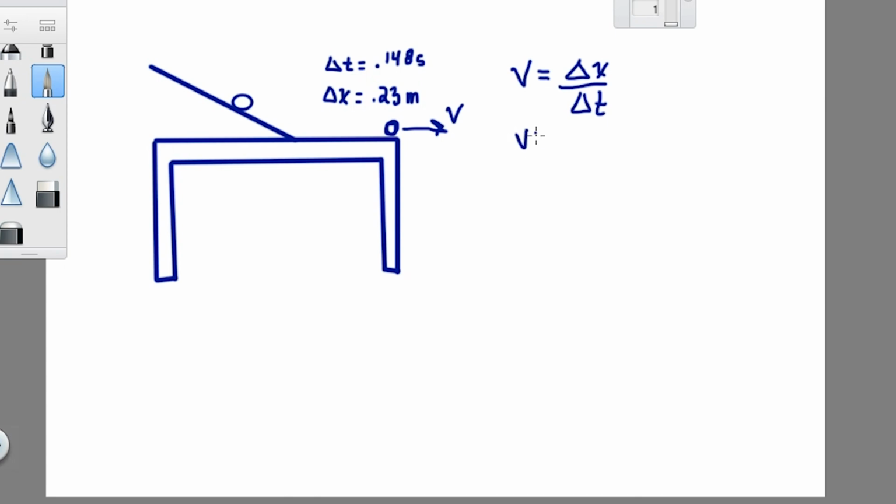So velocity is going to be 0.23 meters divided by 0.148 seconds. And I do this on my calculator, 0.23 divided by 0.148, and that gives us 1.55 meters per second.